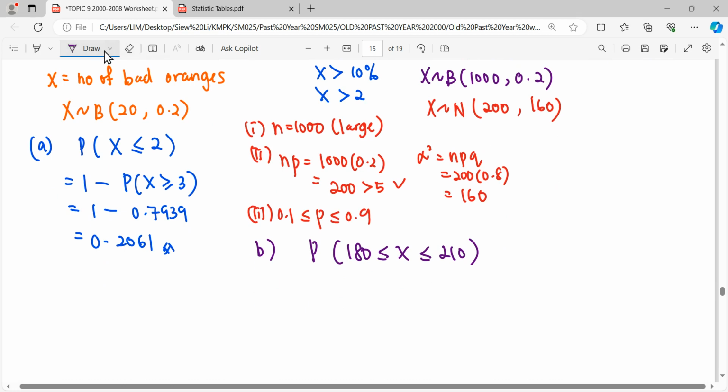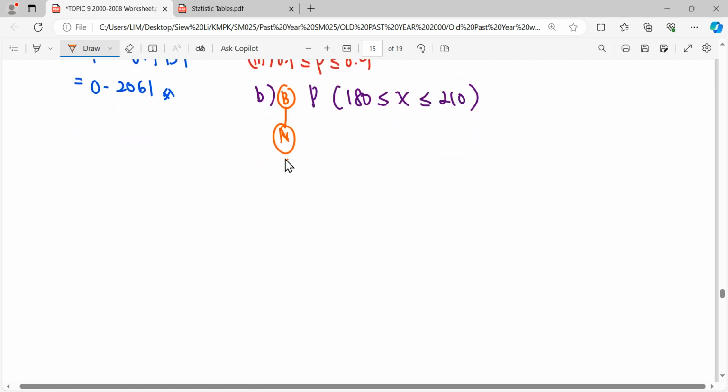In this situation, originally our distribution is binomial. Because the conditions are fulfilled, we use the normal distribution to approximate this binomial distribution. Then we solve in the normal way, which is to change to z-score, draw the standard normal graph, then find it from the table to get the answer.